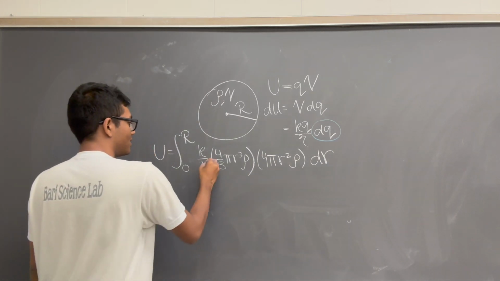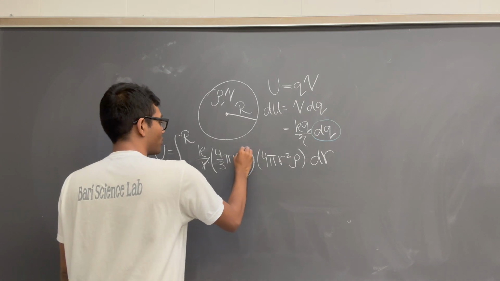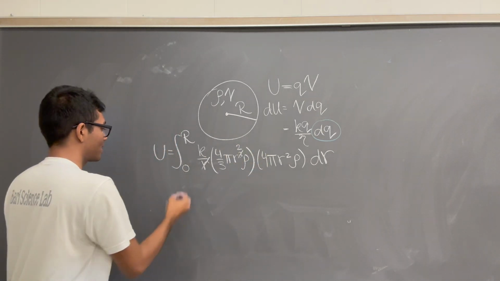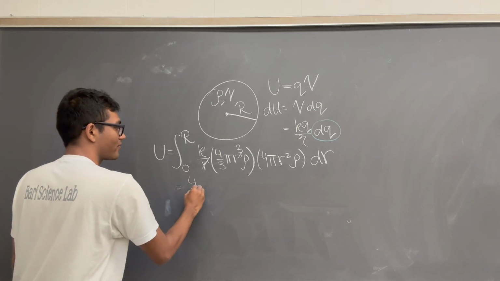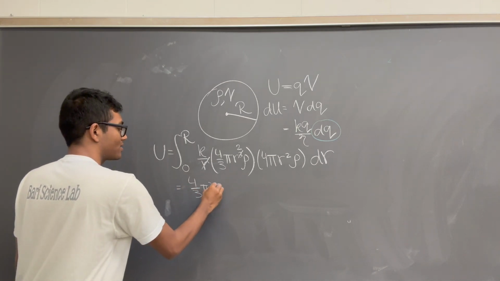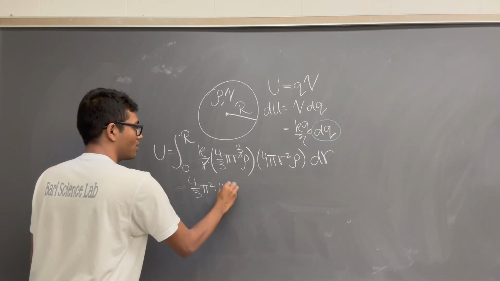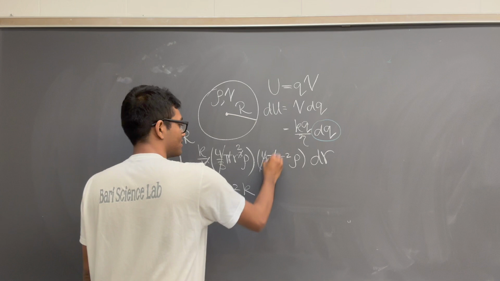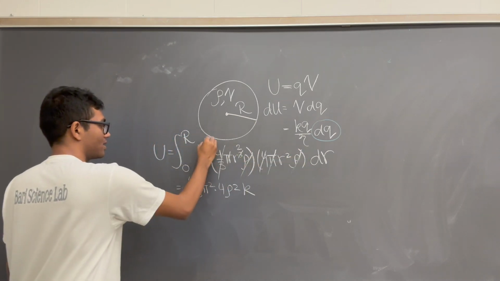Let's go ahead and integrate this out. So I've got, first of all, r takes out one of these r's, okay? And I'm integrating with respect to r, so I can pull out all the constants here. So I've got 4/3 pi squared. I've got another factor of 4 rho squared. I've got k. So I've taken out all of these, okay? Rho squared, k.